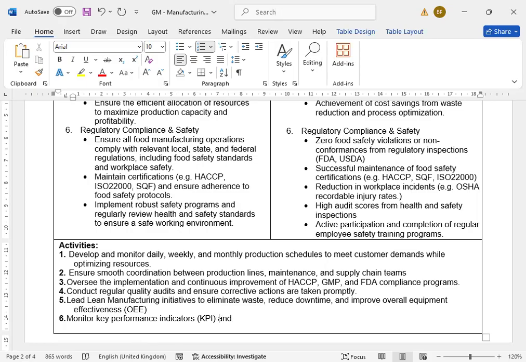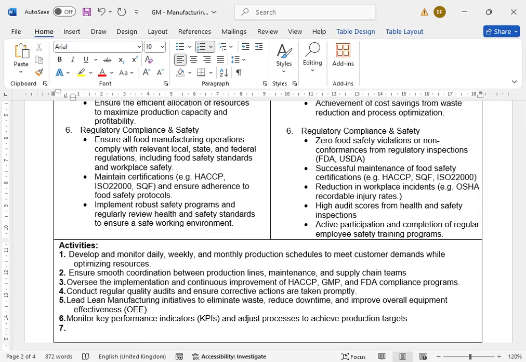I think I'm gonna make it plural. I'm gonna put S. Production targets. Okay.